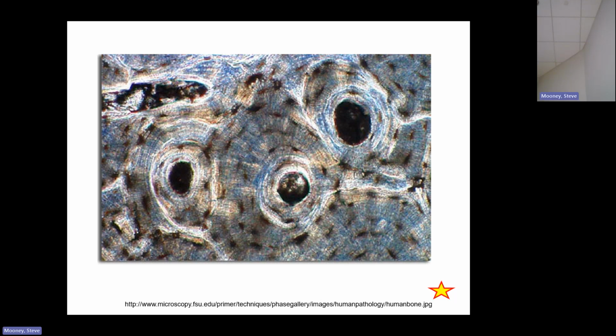In the center, we're hollow. That's where the blood vessels go. We need to be able to supply the tissue with nutrients, be able to supply it with oxygen, take back all the waste, carbon dioxide.